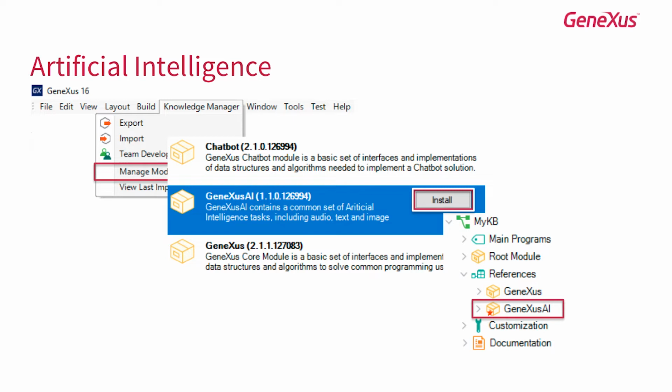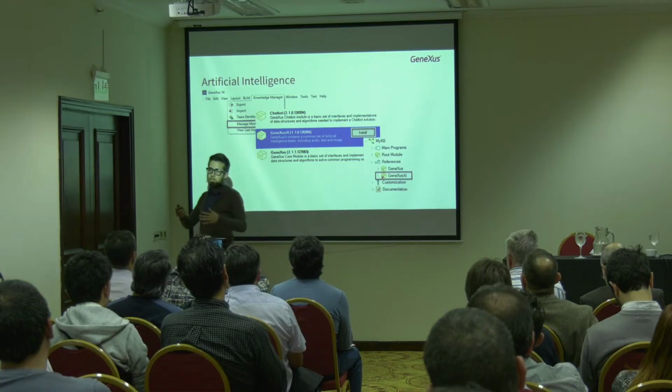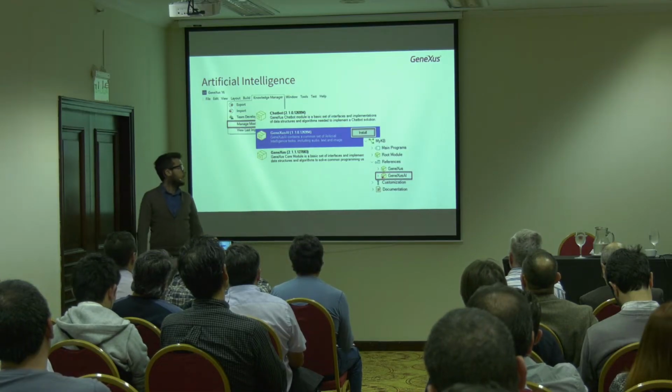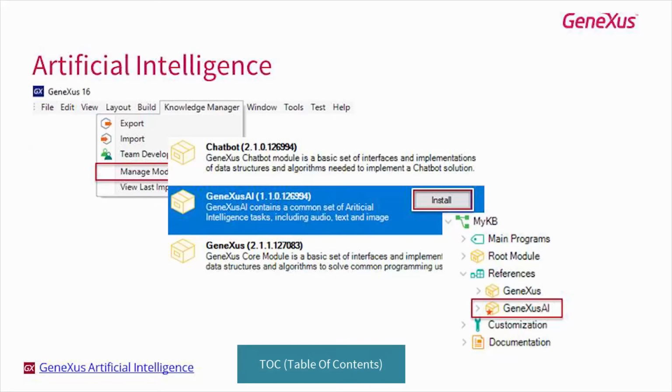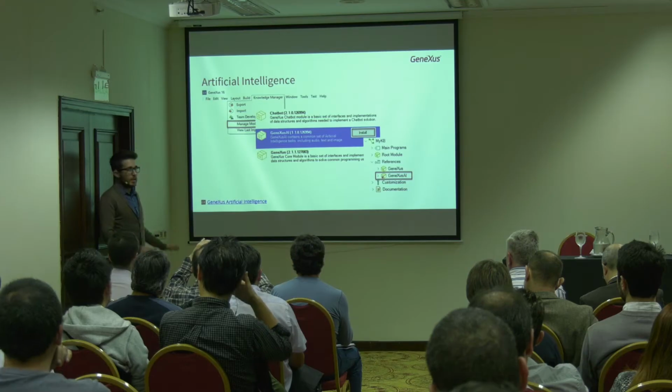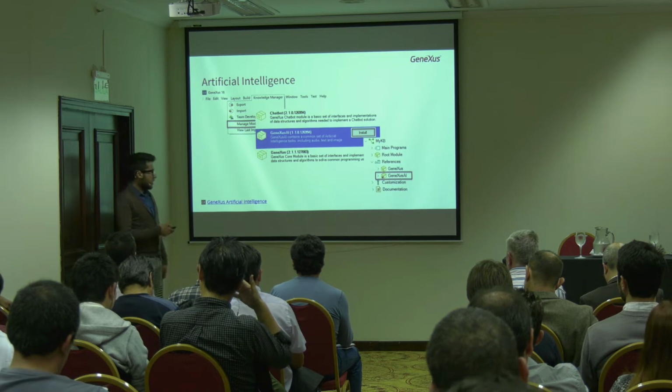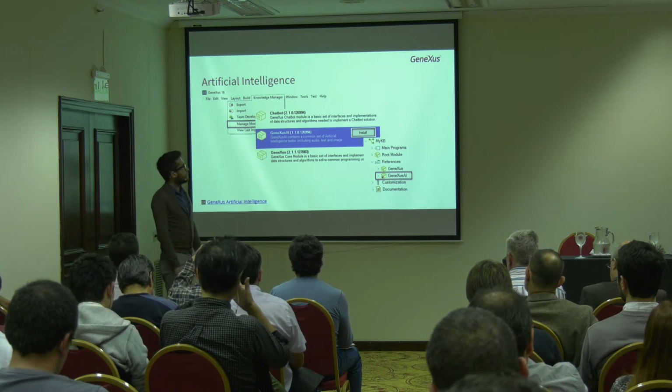And here you see also GeneXus Core and other things that are already defined. Let me add that all this is in the wiki. There's a talk on this topic that is quite complete, and we are going to continue working on it.